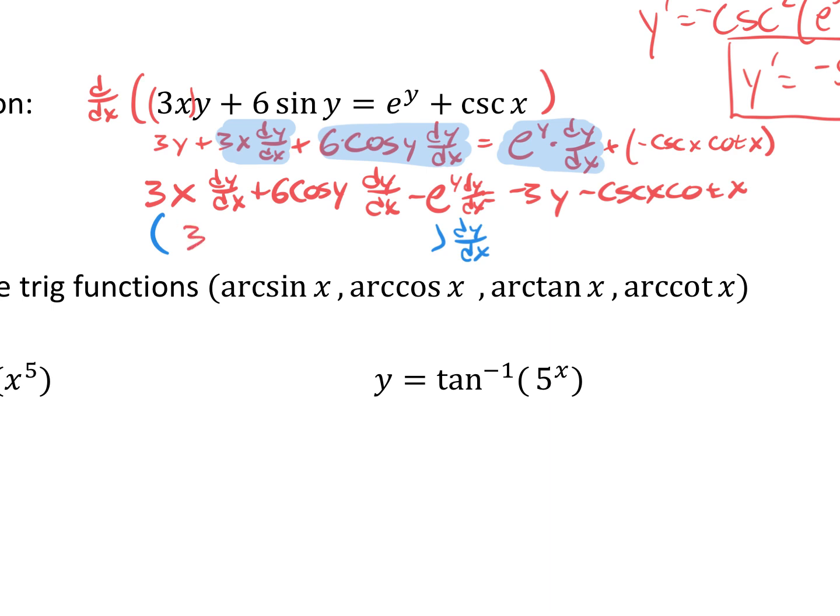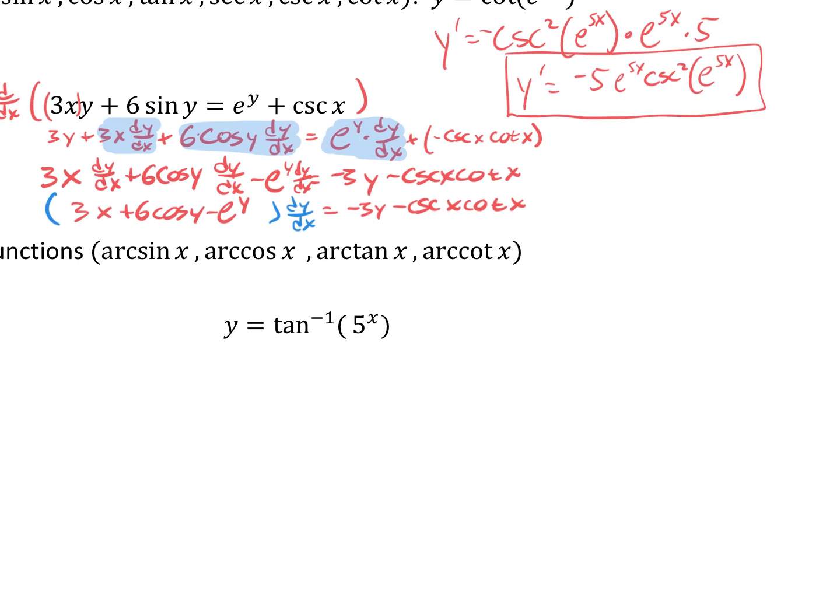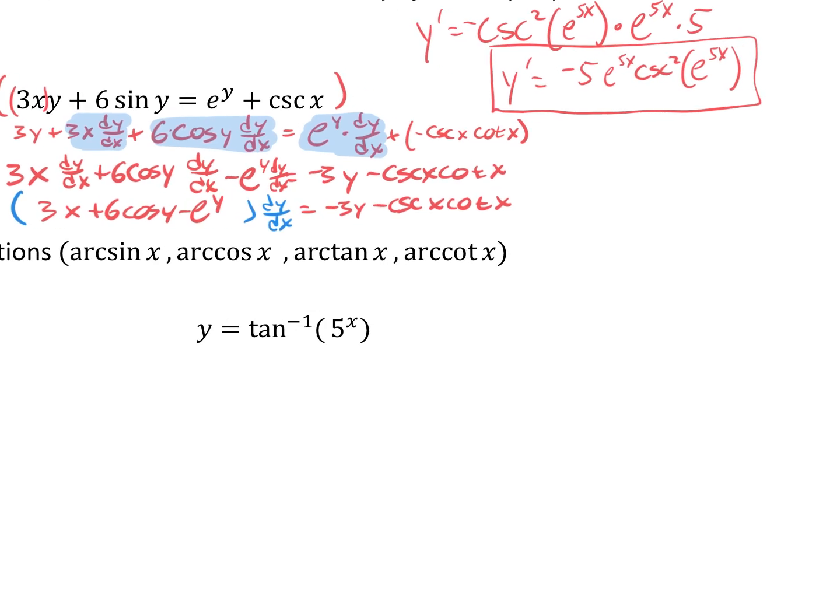And that leaves us with 3x plus 6 cosine y minus e to the y equals negative 3y minus cosecant x cotangent x. And then last but not least, we're going to divide all of this over to the other side, and that'll solve for dy/dx. And it should look something like this.